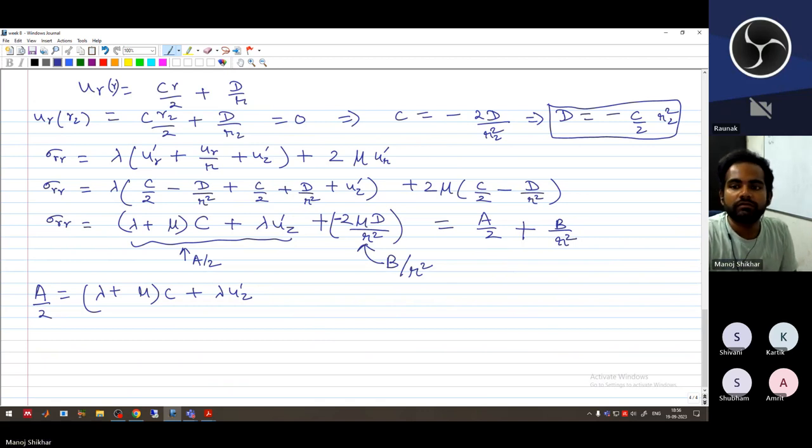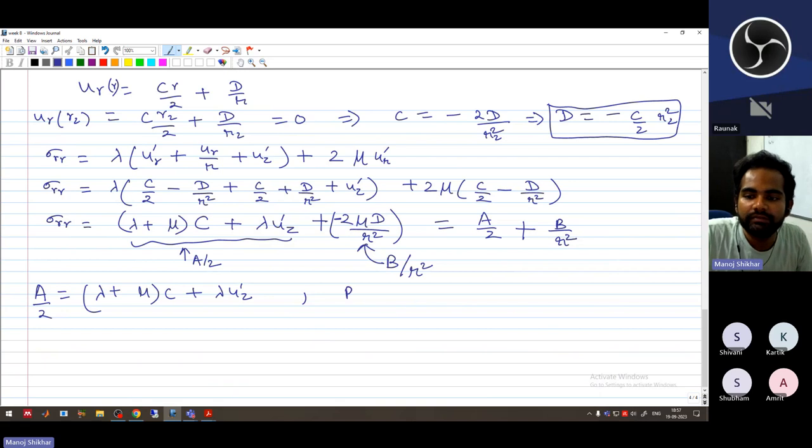I wanted to show that we have taken the form A by 2 plus B by R square earlier, so I'm moving back to the same form so that you're not confused. Here this part is A by 2 and this minus 2 mu D by R square is B by R square. So from here we get that B equal to minus 2 mu D.